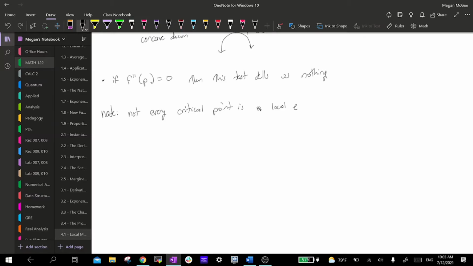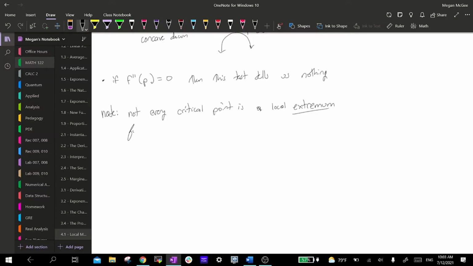I'm going to say local extrema. Okay, or an extremum for singular. You might see this on your homework, okay? This is just a blanket term for minimum or maximum, okay? So not every critical point is a local extremum, so it might not be a min or max, okay?